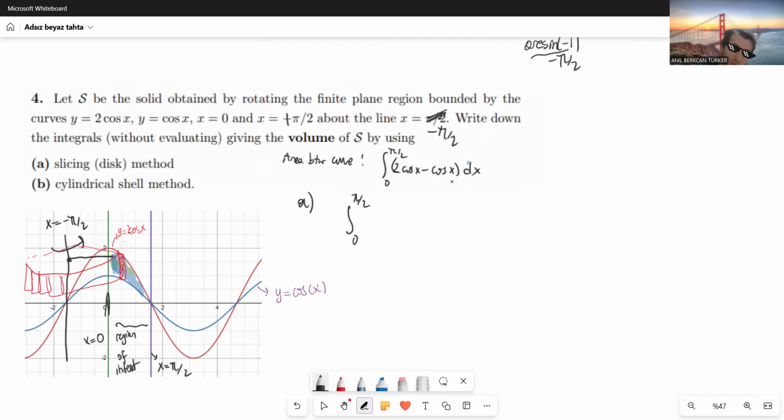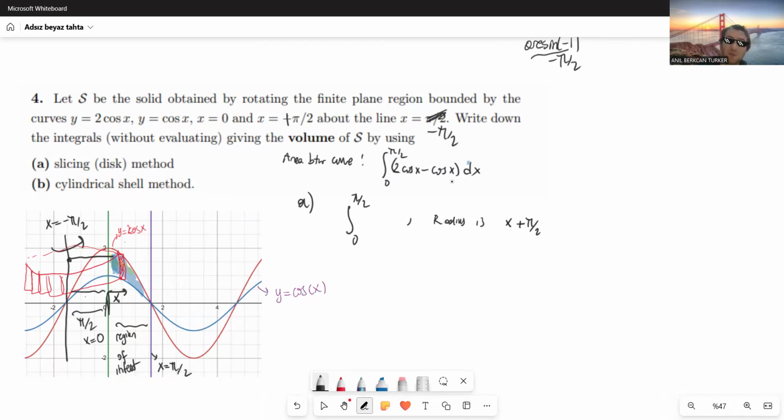So my integral is from 0 to pi over 2. To be able to put this rotation axis into the value, I'm gonna add pi over 2. So my radius, before this integral, is x plus pi over 2. For each x, I'm gonna add pi over 2.